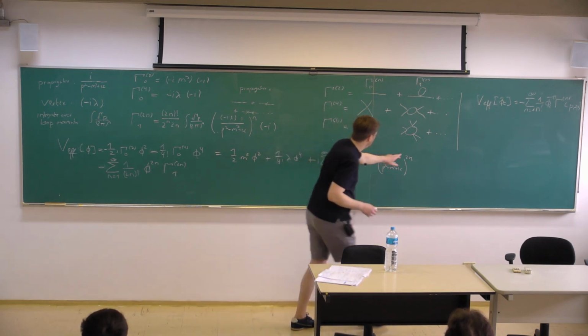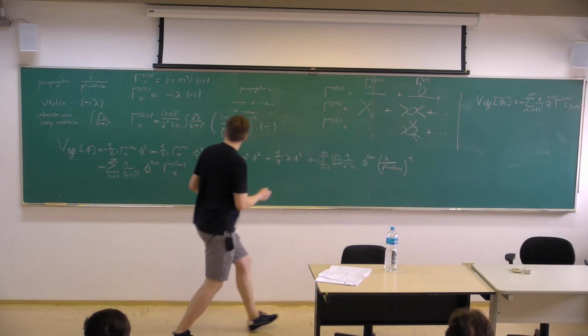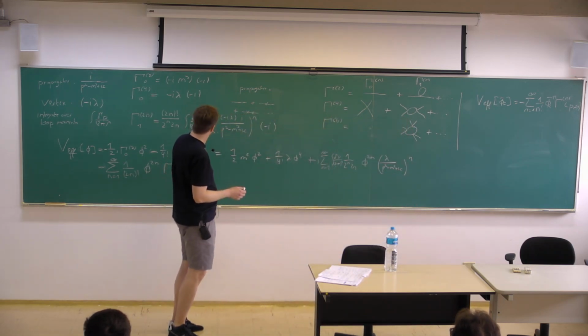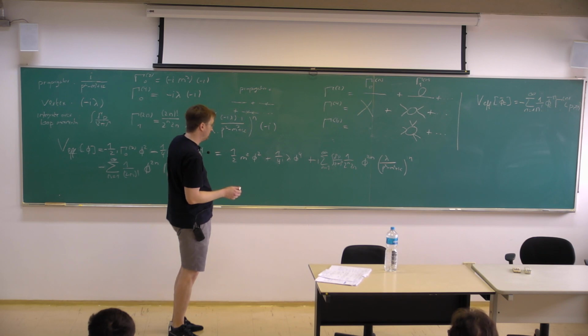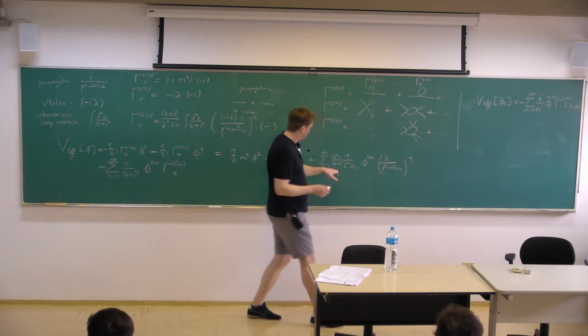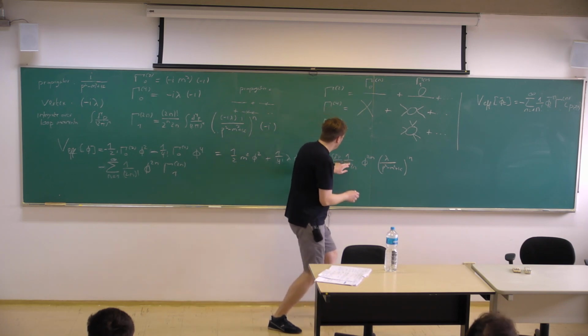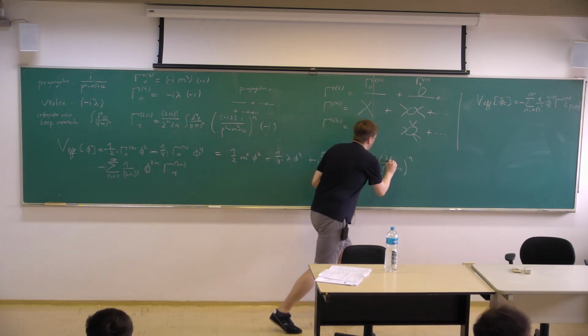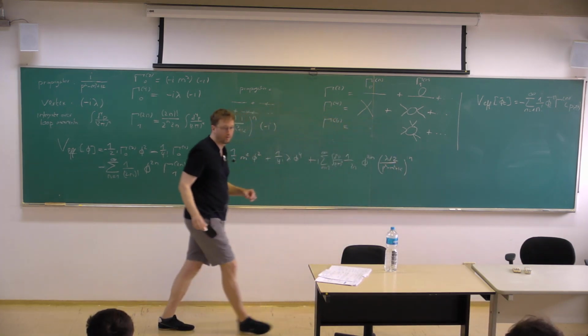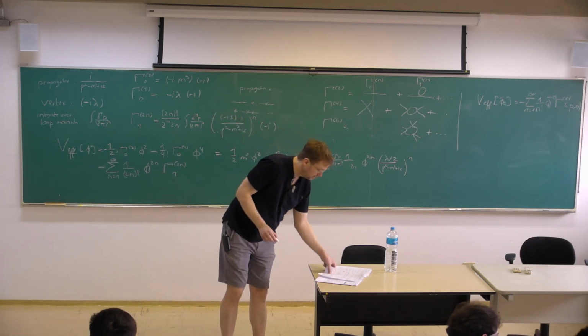Sorry, this is just to the n. Yes, exactly. So now I can pull this factor 2 to the n in here, so I can get rid of it here, and then it just gives me this. A bit more convenient.